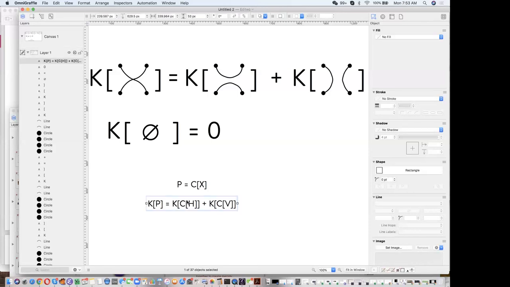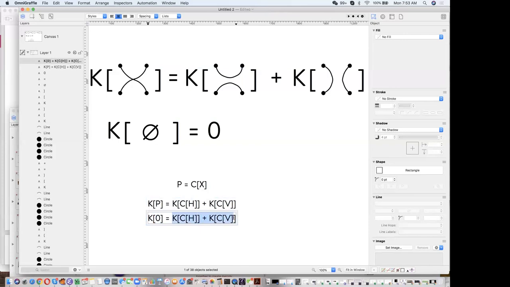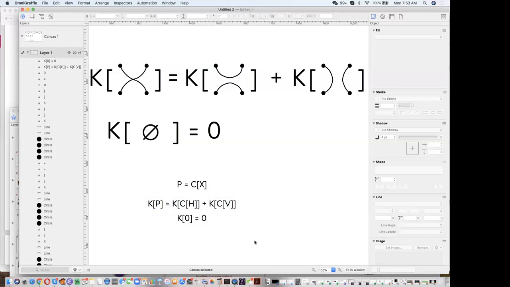And then, of course, to get the base case, all you're saying is that K of the unknot is equal to 0. There. So that's how to do the interpretation of the Kaufman bracket in terms of the processes interpretation.